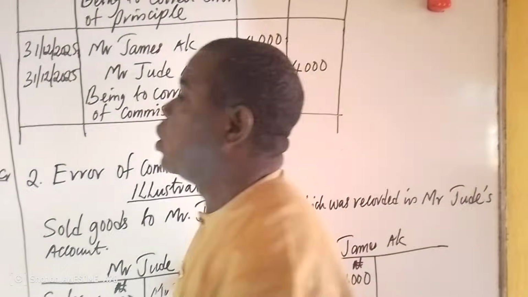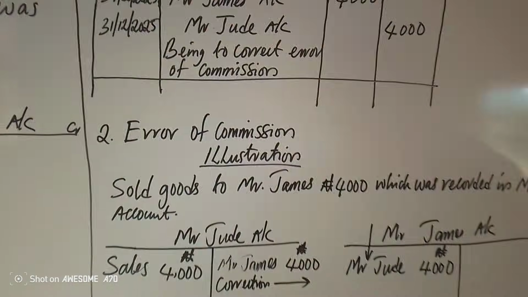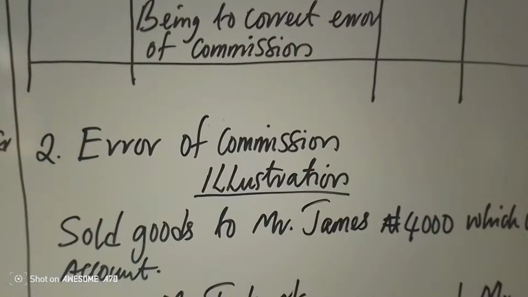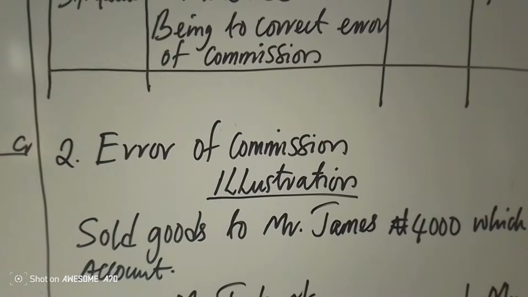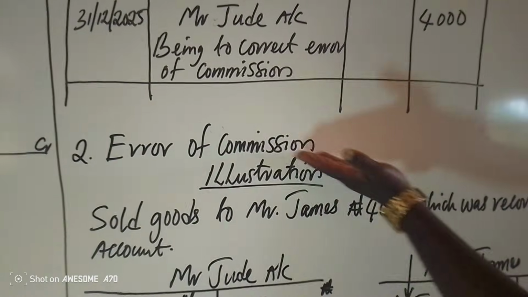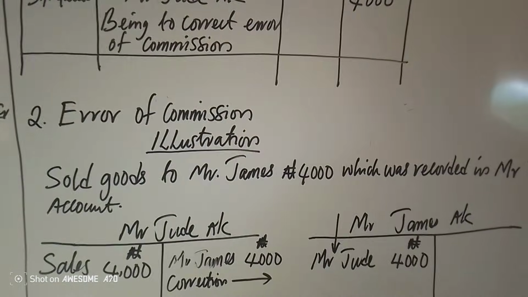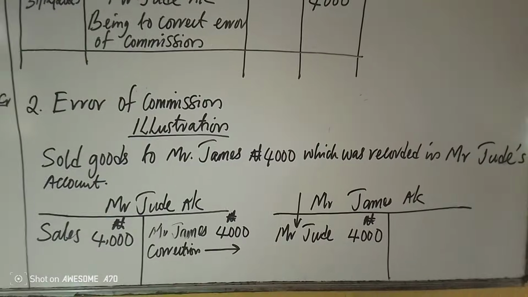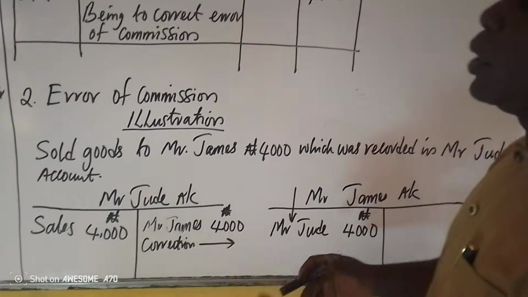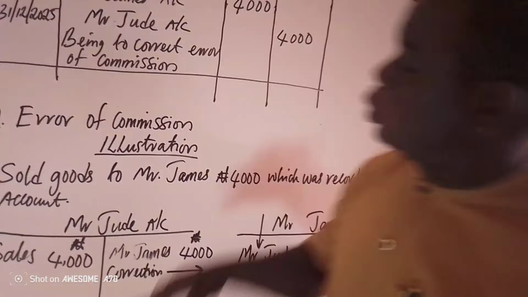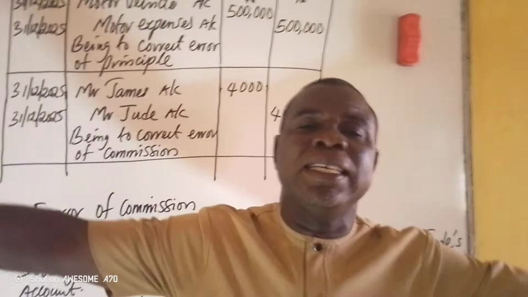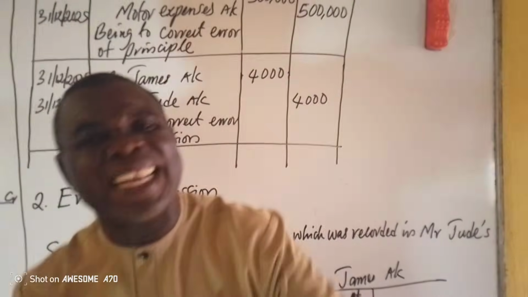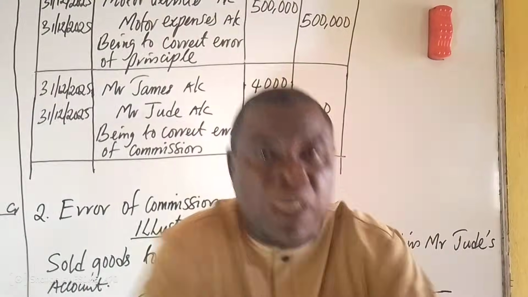So let's go to the second error under errors not affecting the agreement of the trial balance, which is error of commission. What do you mean by error of commission? Error of commission looks a bit closer to error of principle. When we talk of error of commission, we are not talking about exchange in the classes of account, but an error committed within the same class of account.